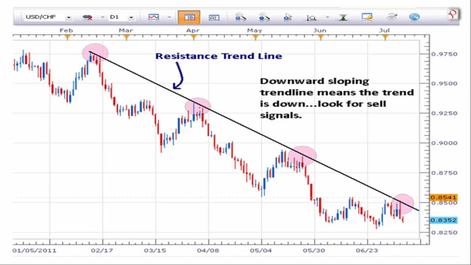So you can launch a sell trade. You can see how price approaches the trend lines and keeps declining whenever it approaches the trend line. So anytime price breaks above this trend line, that could signal a reversal point for the beginning of an uptrending market. All right.